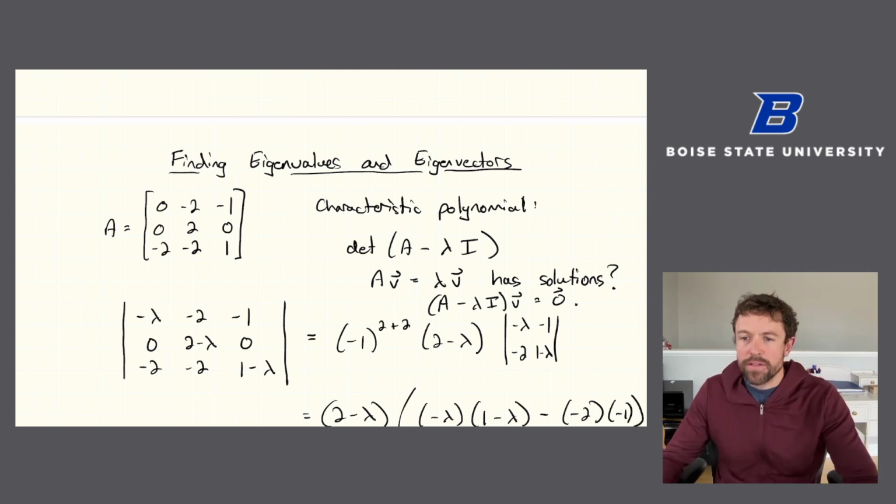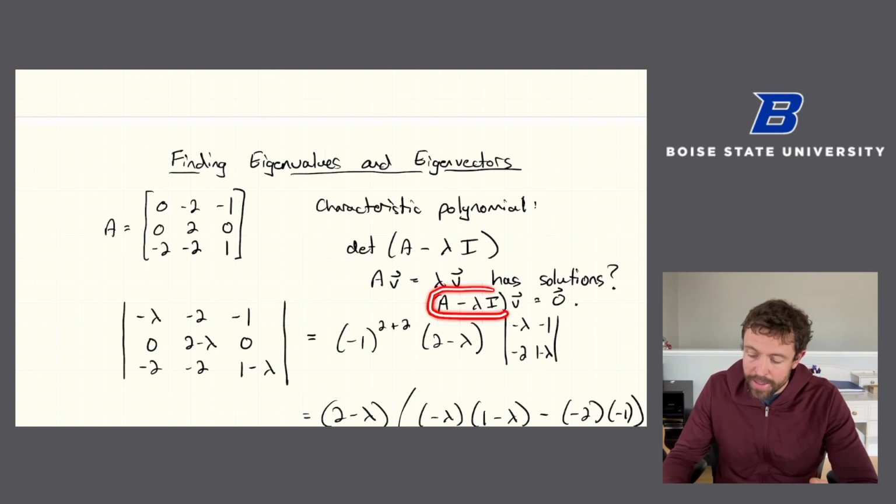And so we know that we'll have a solution, right? We'll have a solution when v is 0, but v equals 0 is not an eigenvector. So we want to know when it has non-zero solutions. In other words, when A minus lambda I is not an invertible linear transformation, and that happens exactly when the determinant of A minus lambda I is 0.